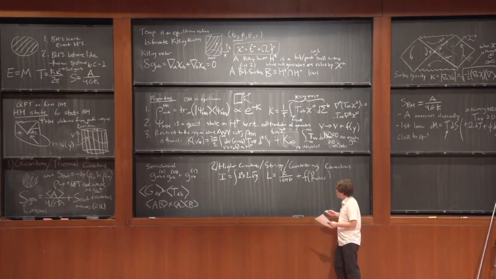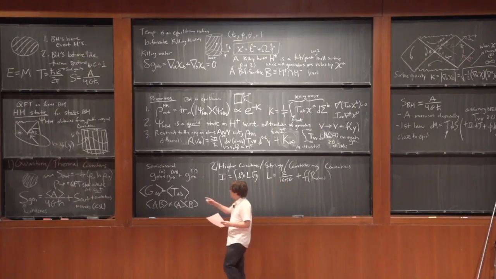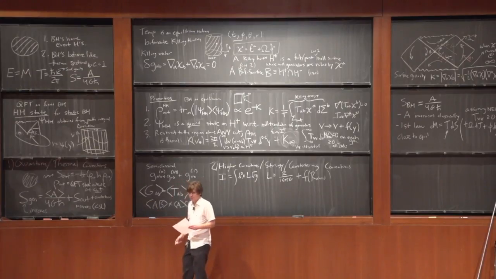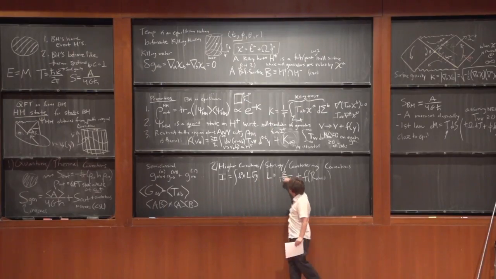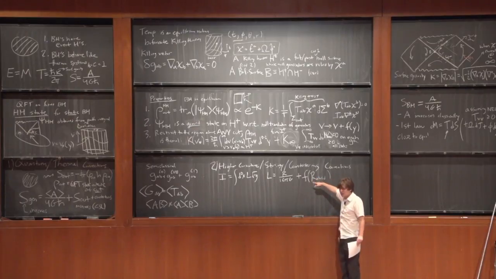And the Bekenstein-Hawking area formula is only valid when you're in Einstein gravity. But there are loop corrections in quantum field theory that generate not just the Einstein-Hilbert term, but also other higher order things.